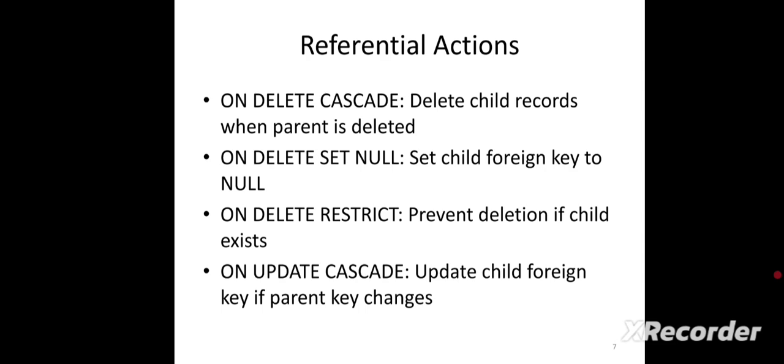The DBMS blocks the delete operation if child records exist. On update cascade. If the parent's primary key is updated, the child's foreign key is also updated. These actions let you control how the database responds to changes while still protecting data integrity. You can choose the right action depending on your business needs and how critical the relationships are.